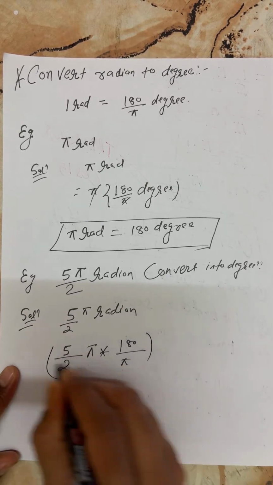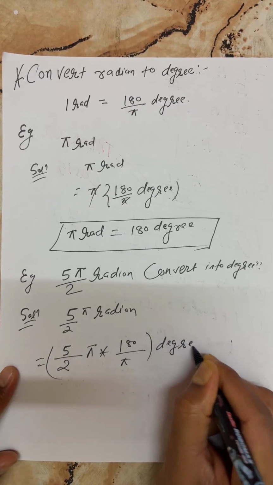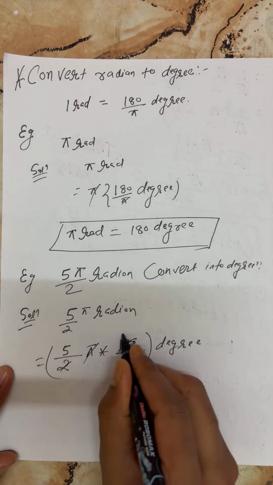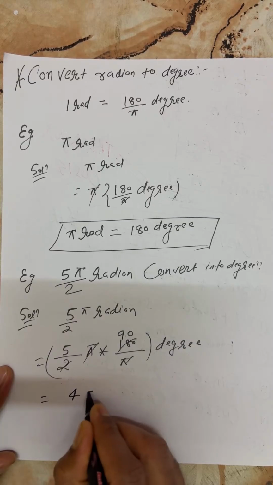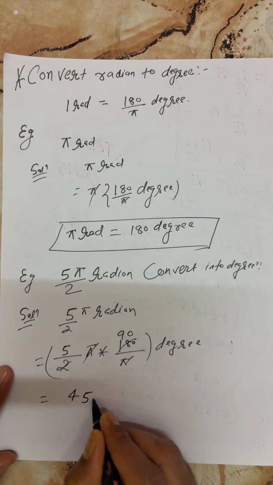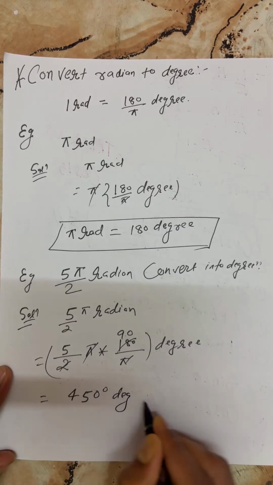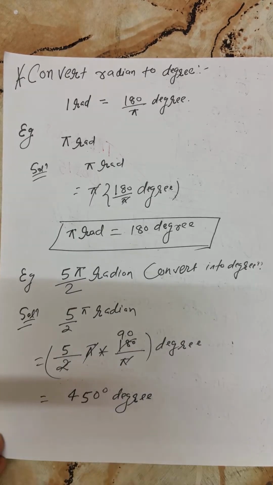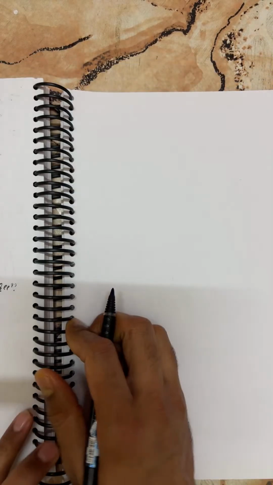Pi cancels with pi, and 2 into 90 gives 180, so 5 times 90 is 450 degree. So 5 pi by 2 radian is equal to 450 degree, right, kids?